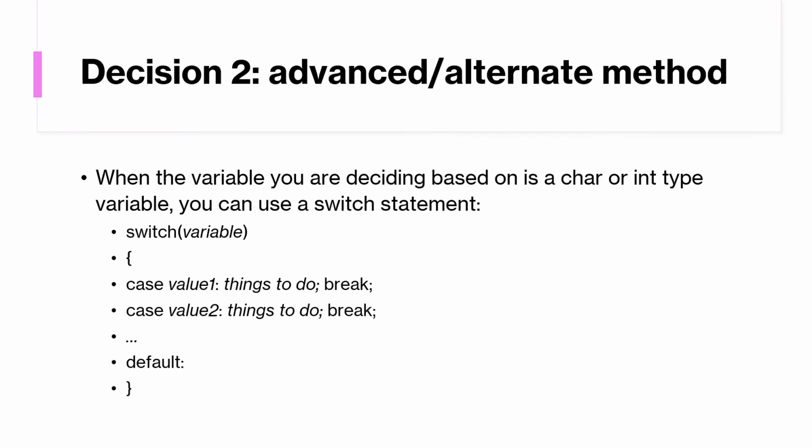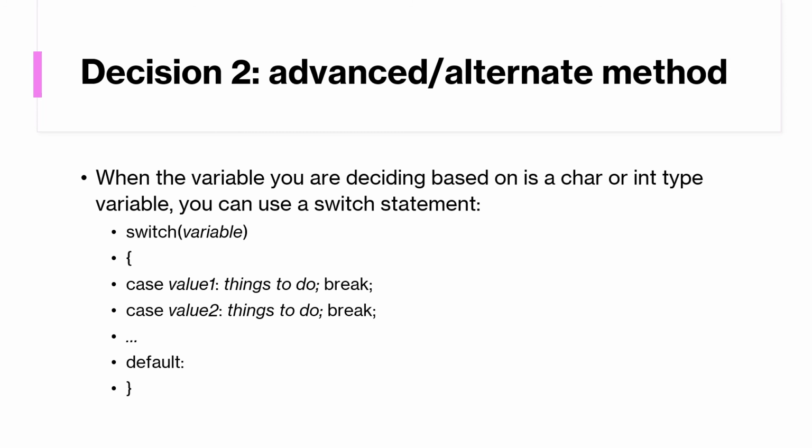Okay. There's an advanced, or you might call it alternate, method for decisions, which is when the variable you're deciding based on is a character or an integer type, something that has discrete values, you can use a switch statement. And the switch takes a variable in parentheses, and then you have to have curly braces, and then each case, a case label followed by a value, a single value, can't have a range of values or anything.